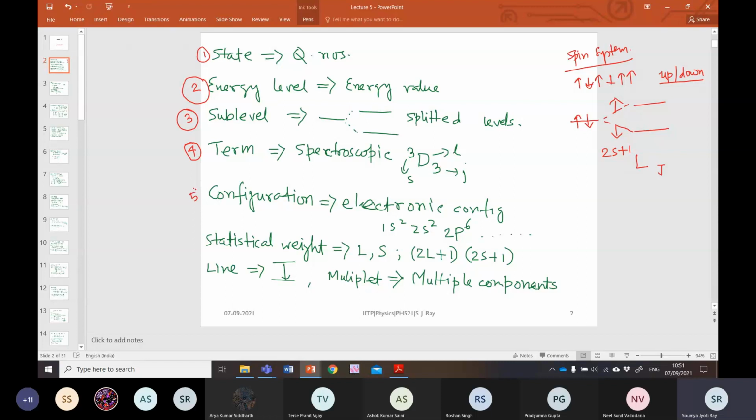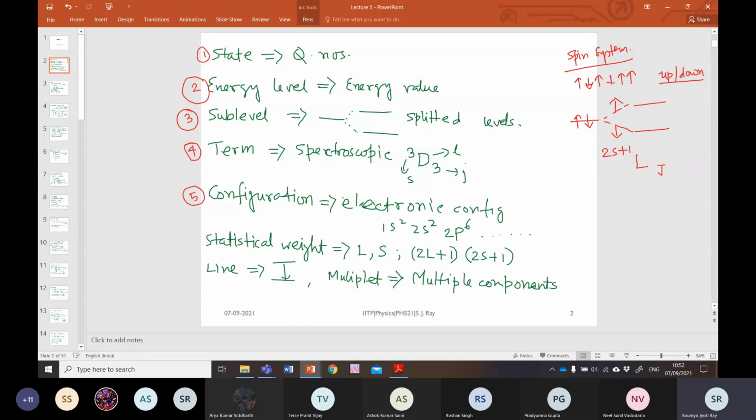The fifth concept is configuration. Configuration usually represents electronic configuration. As you know, for a particular system, let's say sodium or potassium or zinc or iron, there is some electronic configuration that puts the electrons in place, and that tells us the number of electrons put into different electronic orbits.